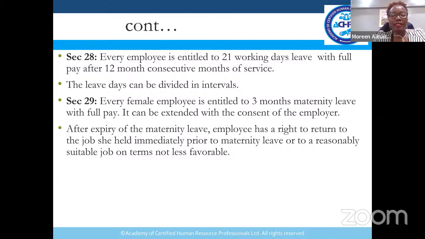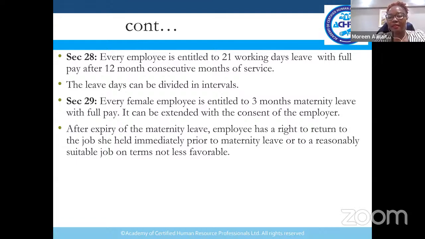Section 29 says every female employee is entitled to 3 months maternity leave with full pay. It can be extended with the consent of the employer. Now, this right to maternity leave is only for female employees. And the Act, in the definition section, clearly states who a female is. According to the laws of Kenya, a female is somebody who was born female.